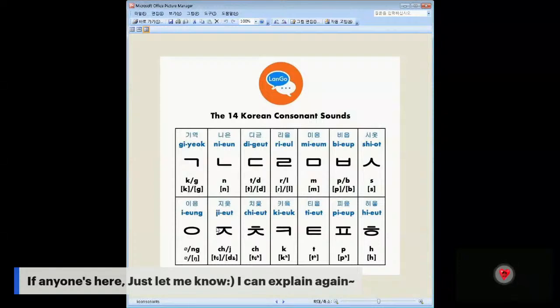What's the example word? 지. One of the members of BTS, his name is Jungkook, right? Jung. His name starts with this consonant, 지. And most of the time people write this consonant like this.